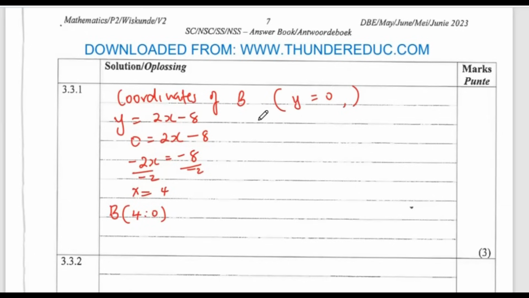Then from the midpoint, I know that x1 plus x2 over 2 must give me the x coordinate of the midpoint, and y1 plus y2 over 2 must give me the y coordinate.